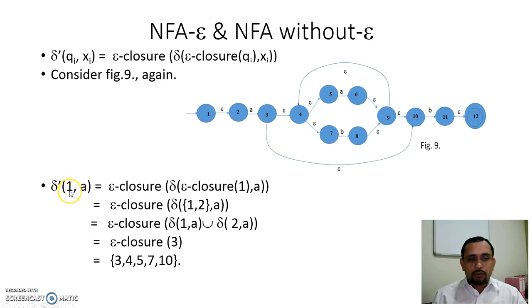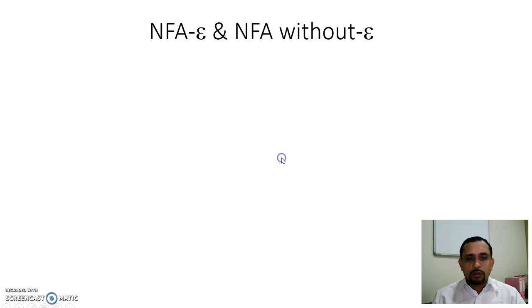So delta dash of 1 comma A, the equivalent move for the NFA without epsilon moves, is: from 1 on the input of A, the machine can go to states 3, 4, 5, 7 and 10. The conversion of this diagram, NFA with epsilon moves to NFA without epsilon moves, is shown here.